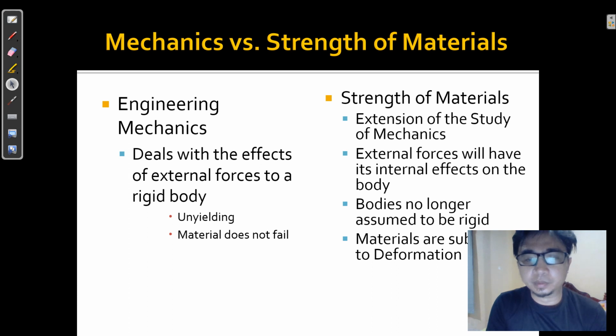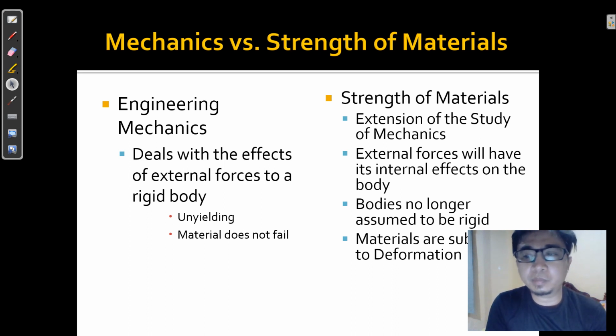The main feature of this subject is more on deformation. As an engineer, we are designing the structural members to have a tolerable deformation.